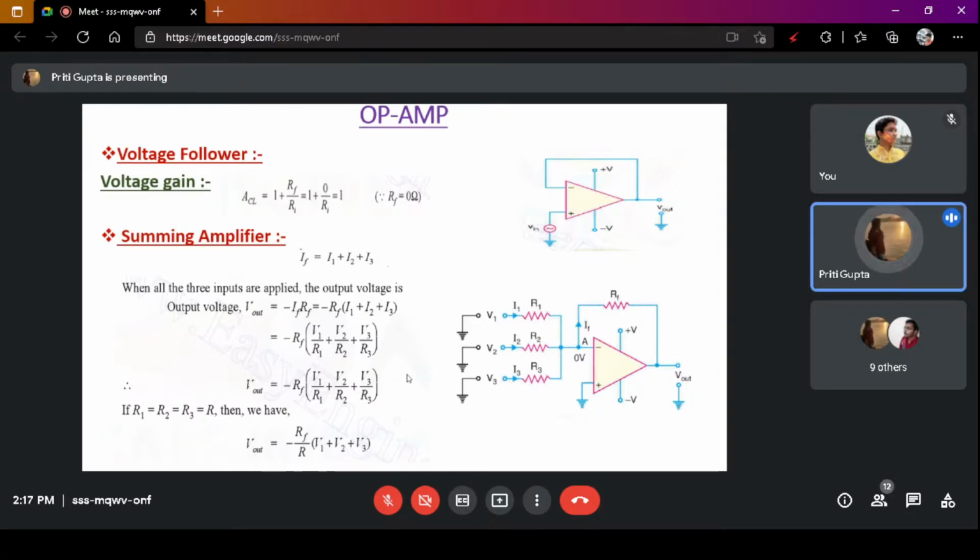Okay, so here at first write down the feedback current IF, which goes through RF.